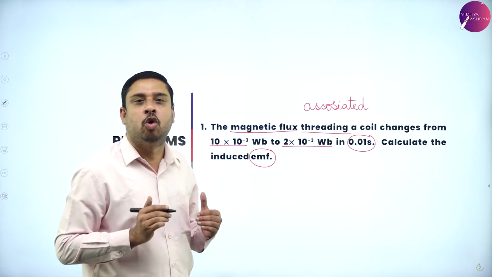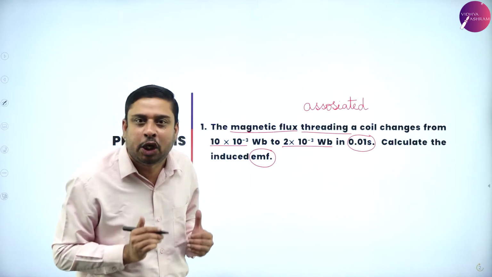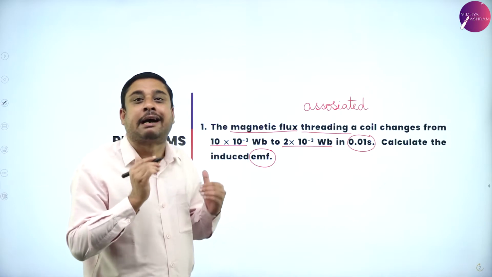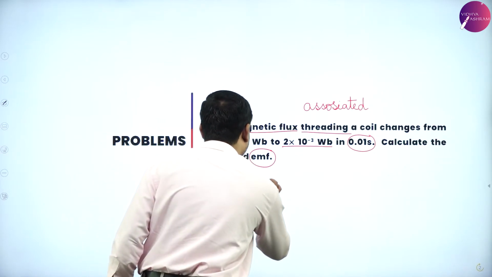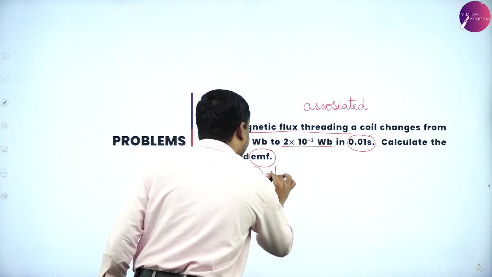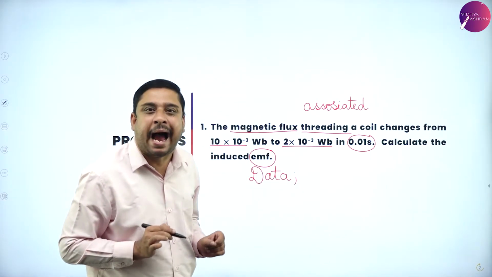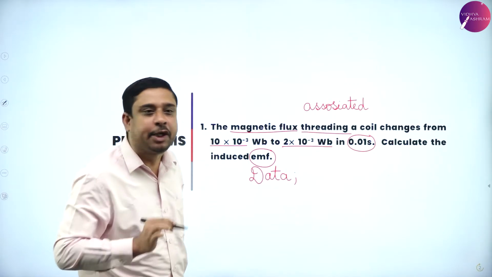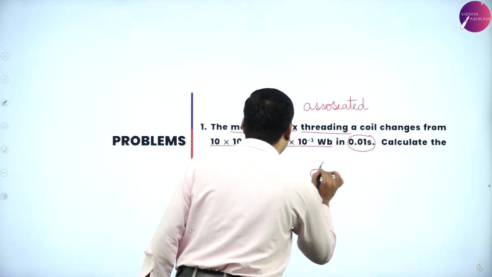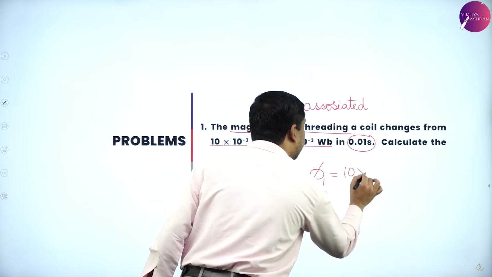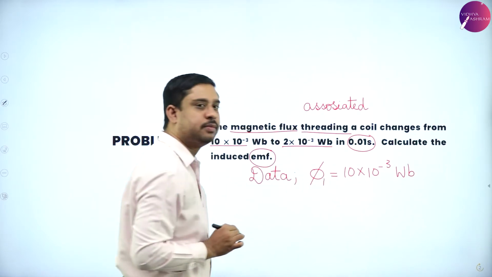So as we usually do, the first part of the solution is to collect the data, analyze the question. So the data says initial magnetic flux linked with the coil, I call that phi 1, which is 10 into 10 power minus 3 Weber.